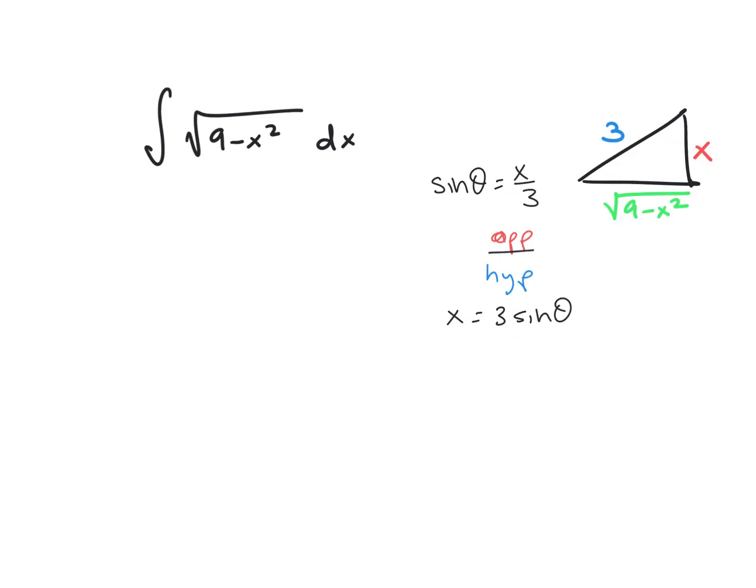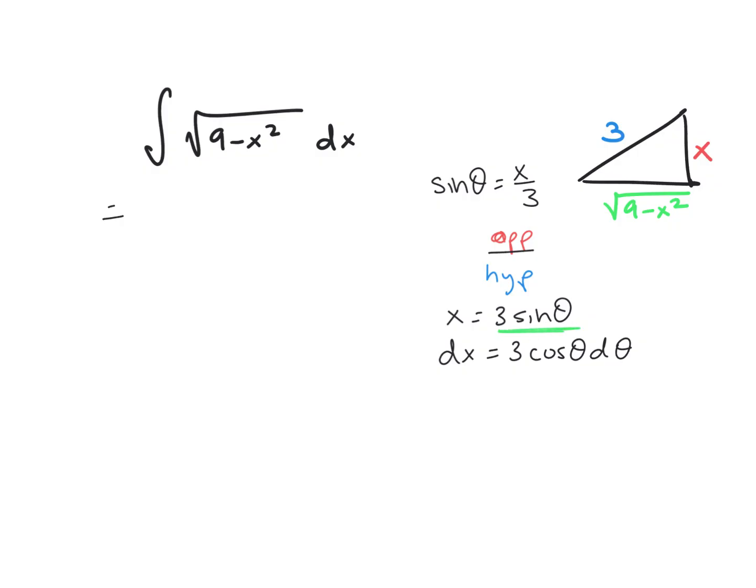Now, that means I can solve for this part, right? I can just plug in for x. My other thing that I need to get rid of and put in terms of theta would be dx. And so here my dx would be 3 cosine theta d theta. And so when I rewrite this, I have x, which is 3 sine theta.